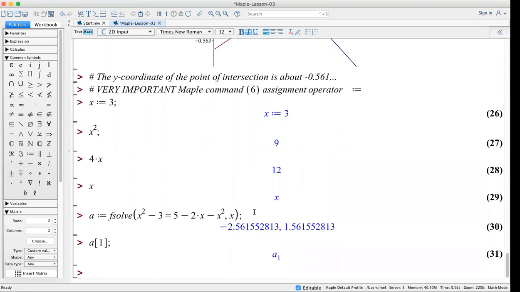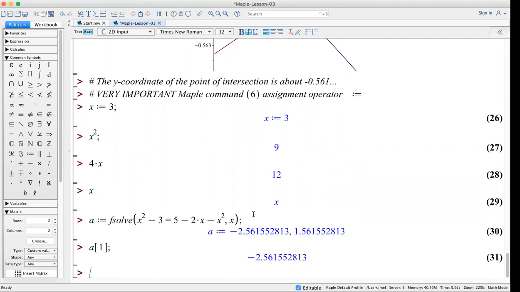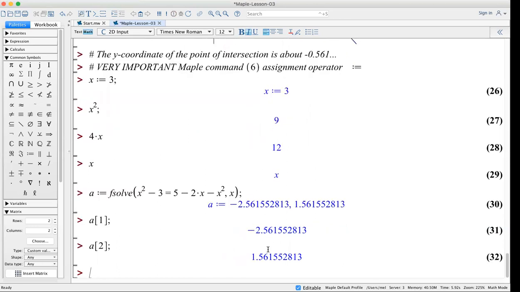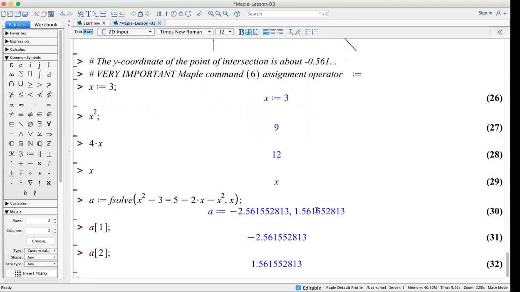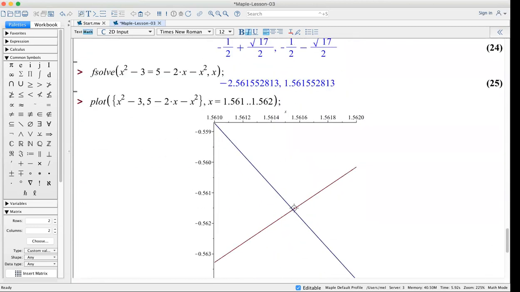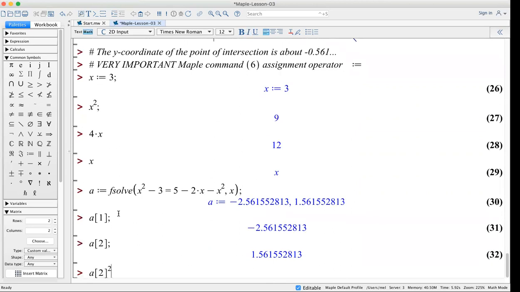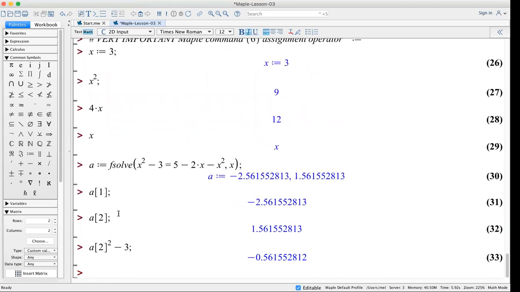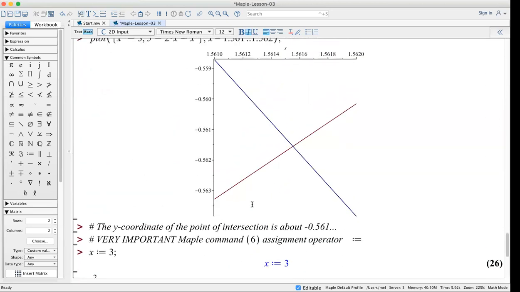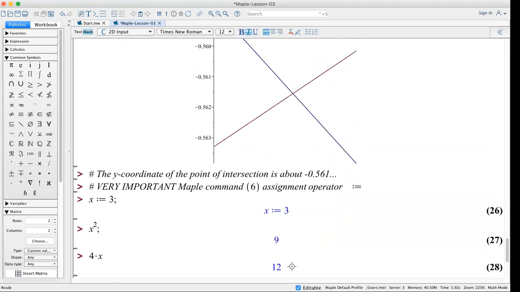So here's A. A1 is the first number, and A2 is the second number. So this 1.56, that's the coordinate here. In the equation x squared minus 3, if I let x be equal to this A2, x squared minus 3 is exactly the y coordinate of this point.